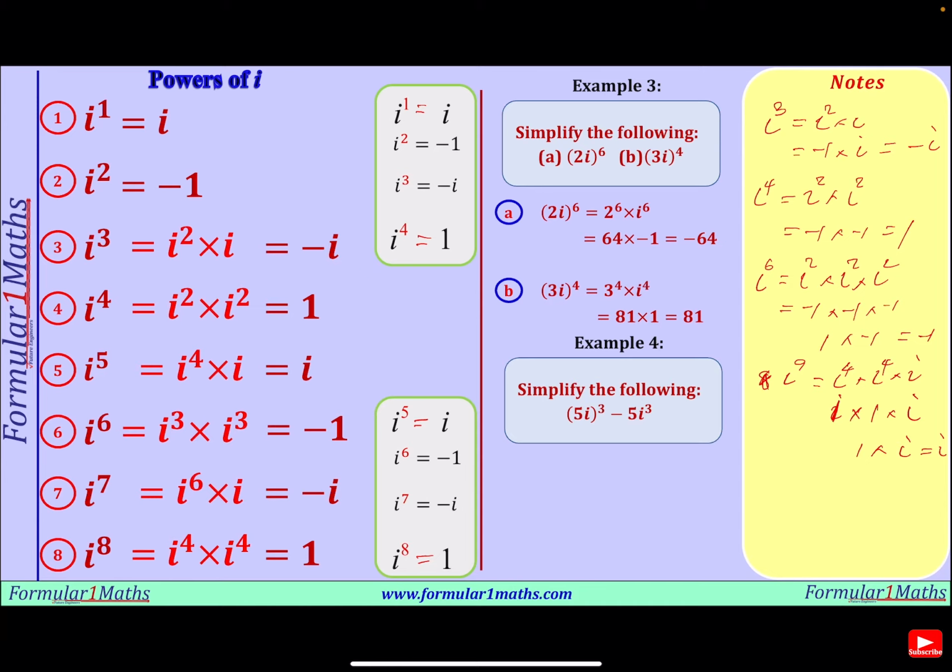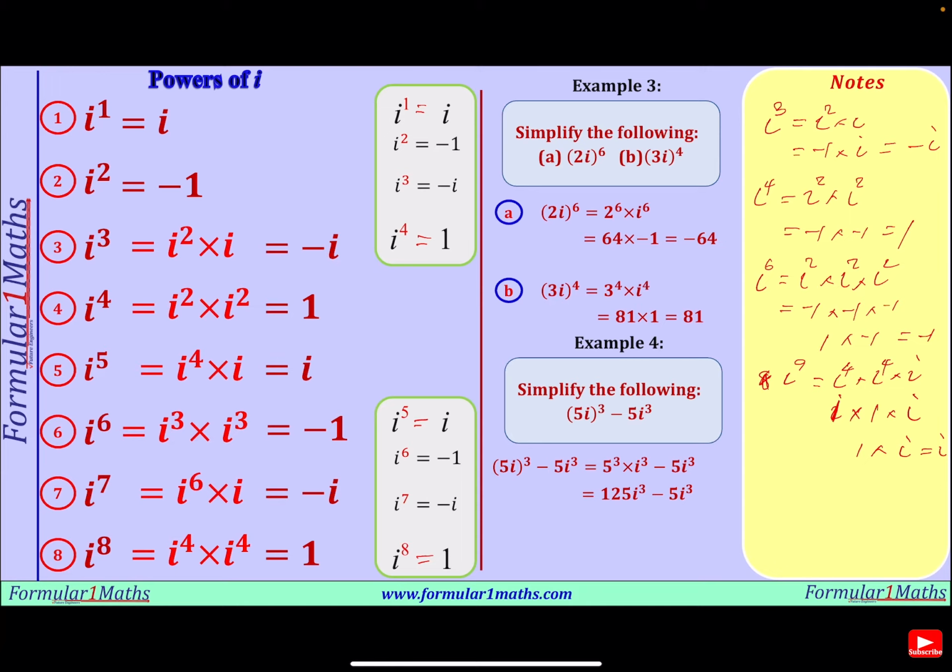For number 4, we first rewrite this one as 5 to the power 3 times i cubed. Then this one is 125, so we're going to get 125i cubed minus 5i cubed.